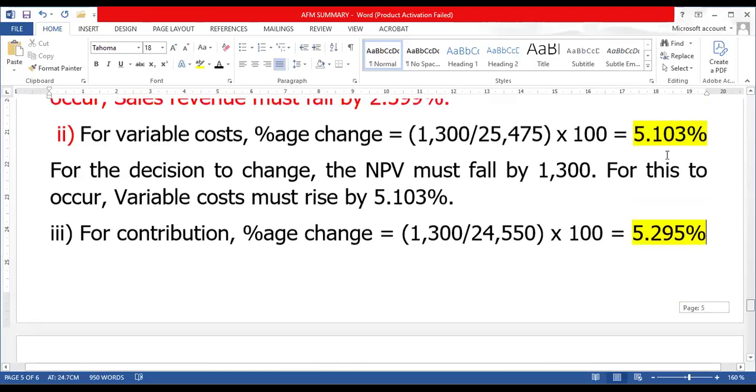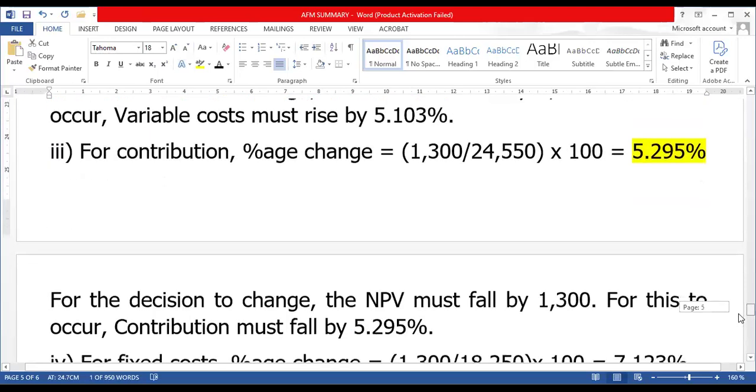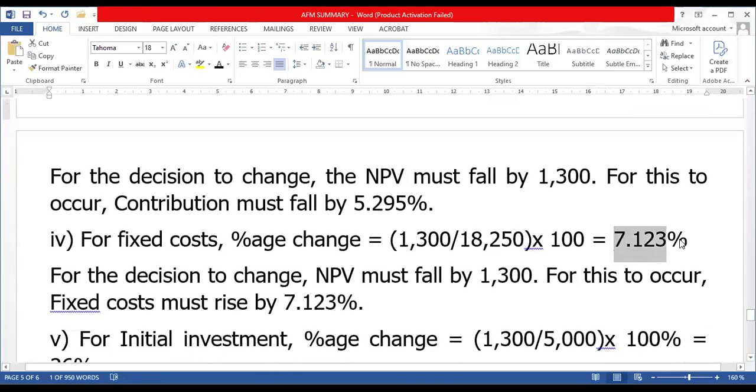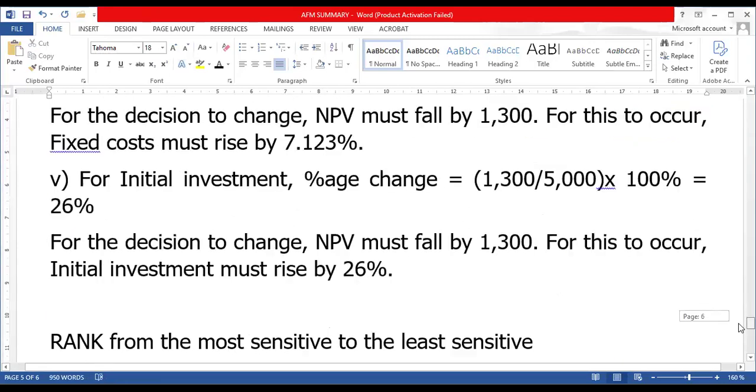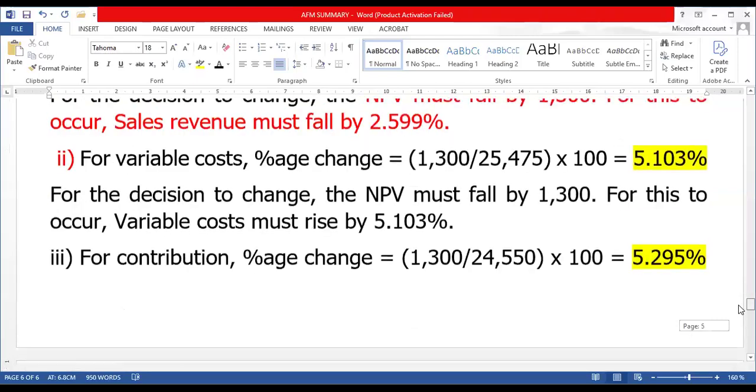You see the reason why I told you to always round off to like 3 decimal points. Then here you have 26. So I think these ones are already in order. So just list.